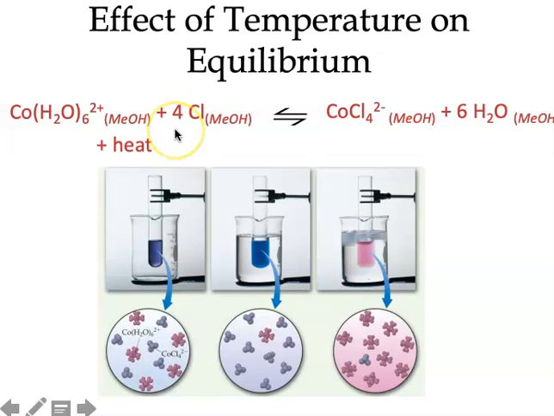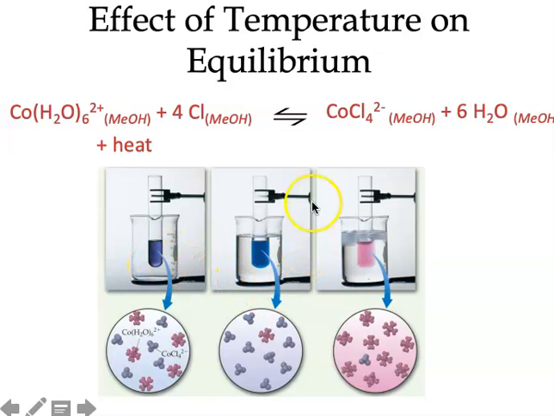Well, what we can think about happening for this particular reaction right here, by the way, this sucker right here is actually bright blue. This sucker right here is pink, and so I'd actually do this as a demo to demonstrate a bunch of these equilibrium changes. But what we can see is this is essentially the position of equilibrium, right? Smack dab in the middle where we've got both that pink species and the blue species pretty much at a 50-50 mix.